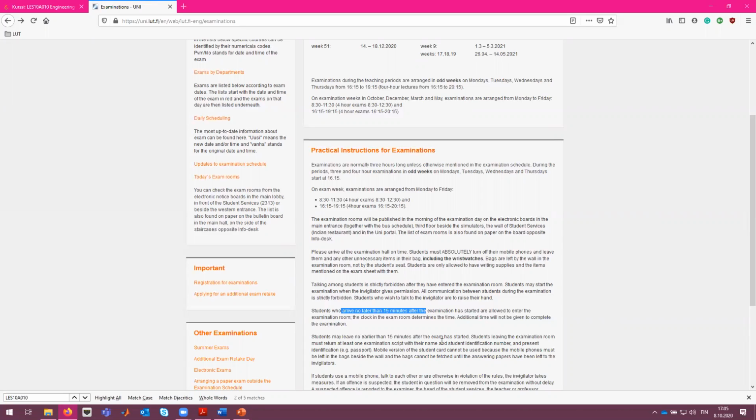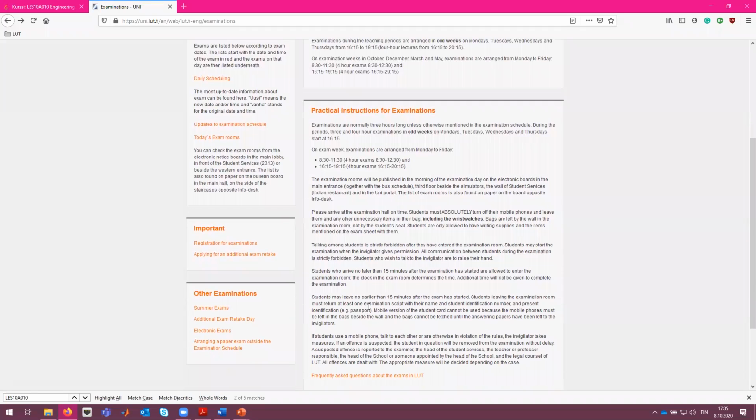Not sure now, but in the old times, the papers would be color coded, and then they would tell that people who are attending the engineering maths exam have the red papers, people attending the electrical engineering exam have the green papers, and so on. You have to be there at least 15 minutes, and after that you can leave. But it probably takes slightly longer to actually complete the exam.